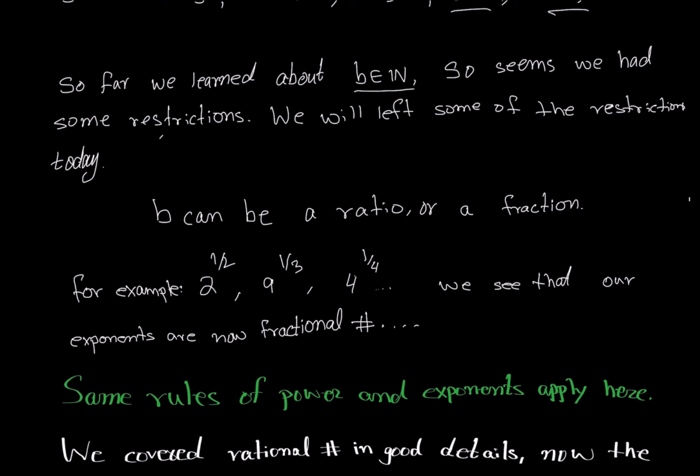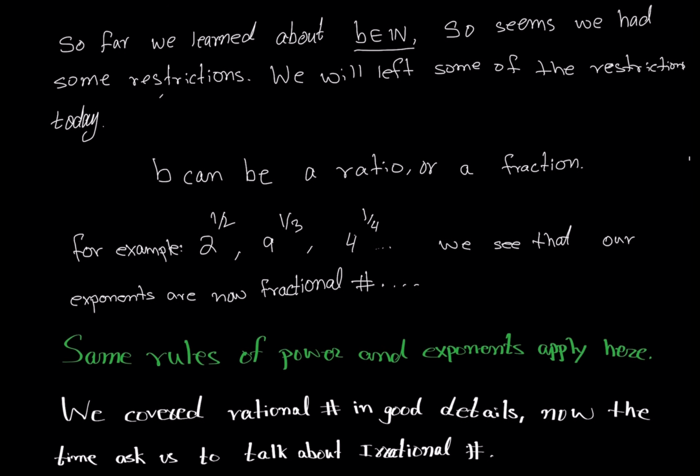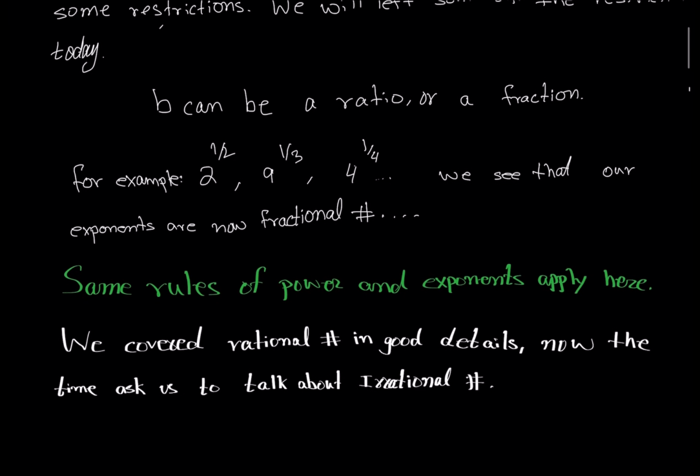For example, if we have to multiply 9 to the power 1/3 by 9 to the power 1/3, the same exact rule will apply. The only difference is you just have to multiply the fractions now, and we did talk about the multiplication of fractions, so no sweat there.